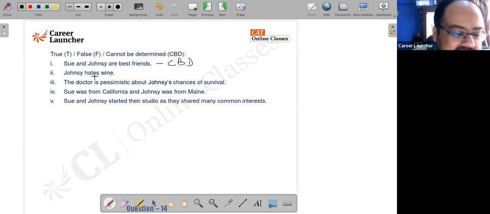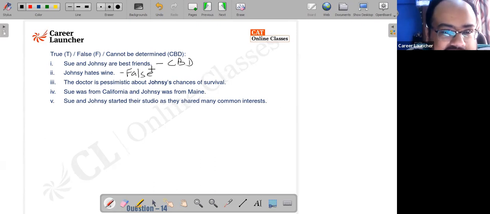The next one says Johnsy hates wine. This is false, because somewhere in the passage it says that Sue wants to get Johnsy wine. The fact that Johnsy is not well, and she wants to get her wine, means she's trying to cheer her up. And if she is trying to cheer Johnsy up by offering her wine, in that case, I cannot say that Johnsy hates wine.